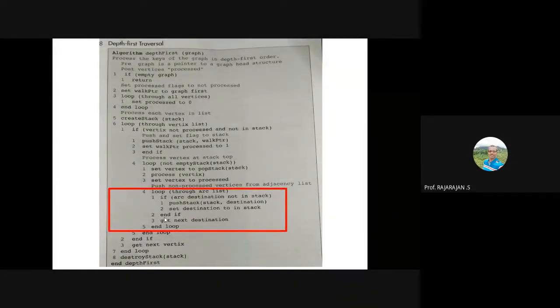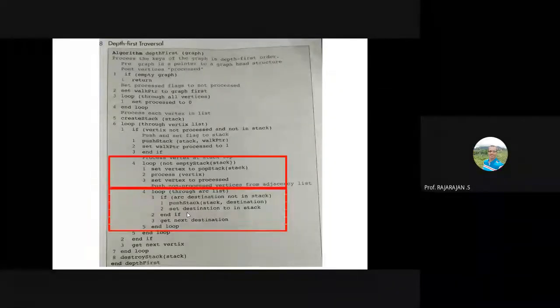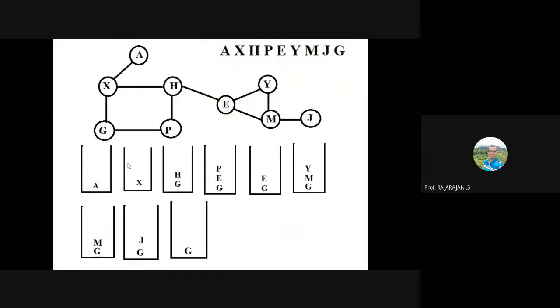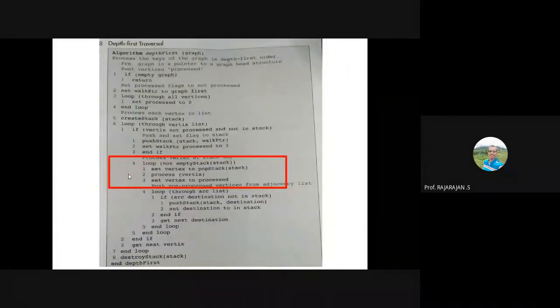This happens through a loop. When this loop ends, you would have inserted all its adjacent vertices into the stack, and now you go back to the previous step. You take the top element from the stack, mark it as processed, and then identify its adjacent vertices and push all of them into the stack. This is the algorithm for DFS.